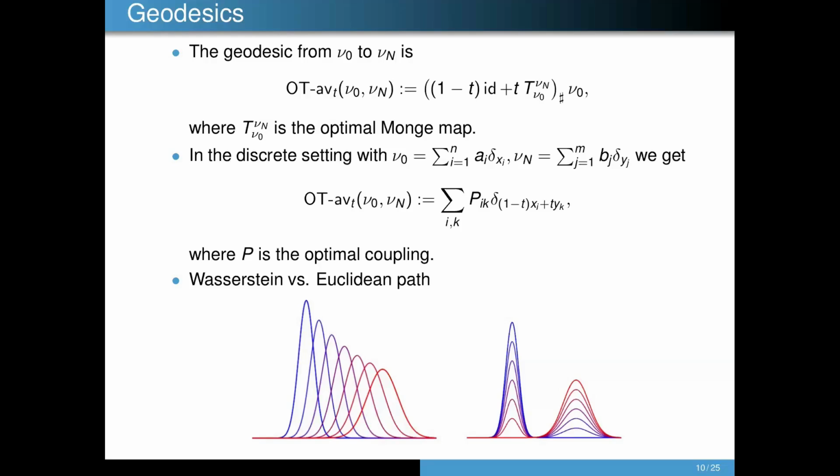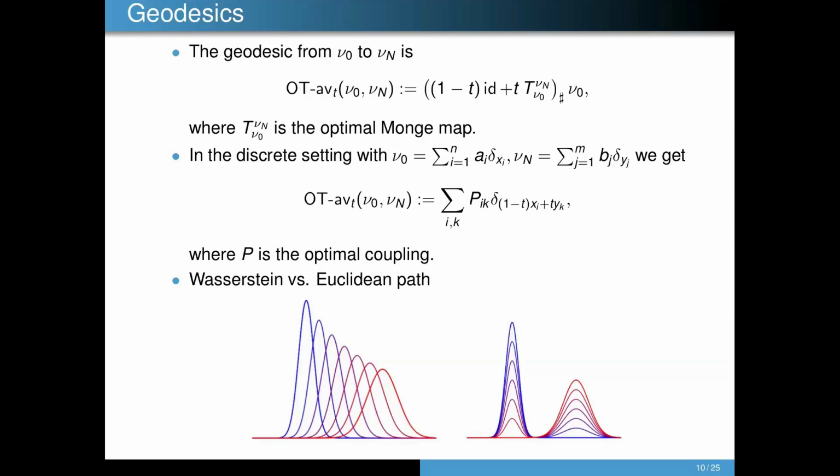Okay, in the discrete setting, the way you get this optimal transport geodesic or average is by taking the two discrete measures, the point clouds, computing the optimal coupling, the matching, or one matching, it's not necessarily unique.